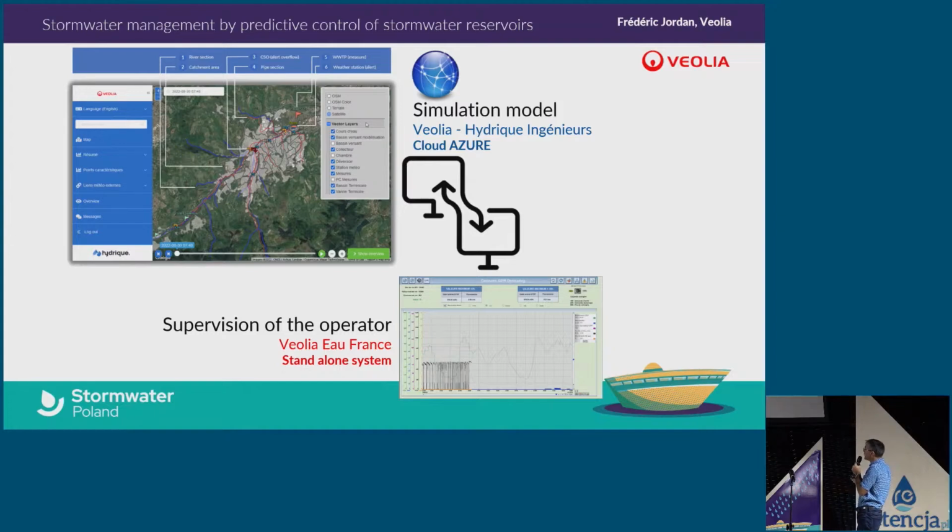We can get the discharge, we can get the precipitation forecast, the observed precipitation, etc. So all this digital information can be accessed on the web platform. And the most important information for the operator is directly transmitted to the supervision. So he can, without changing the system, have a look at the inflow prediction. And based on this, the SCADA will automatically activate the process.